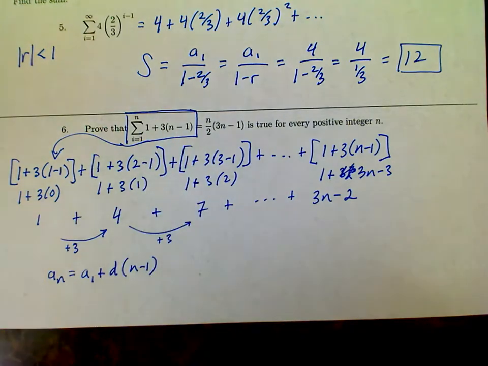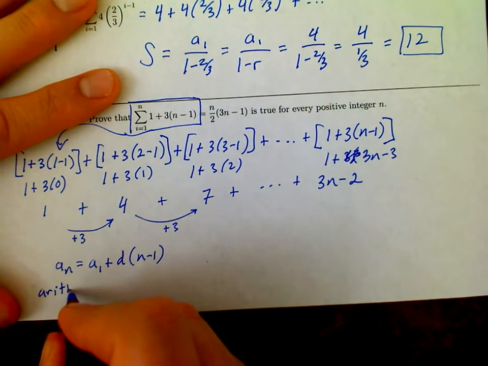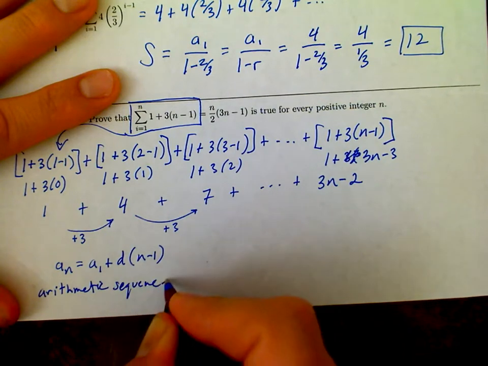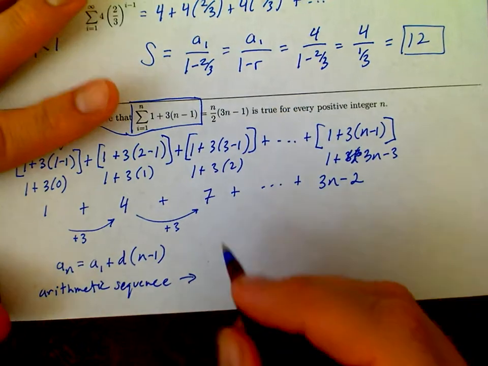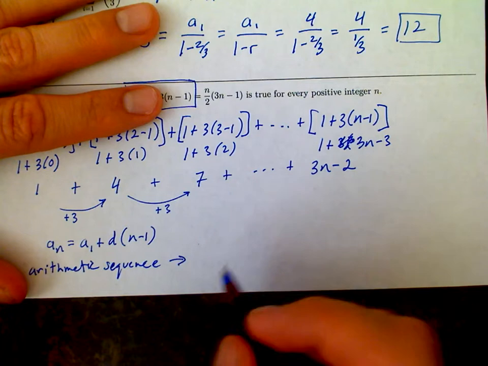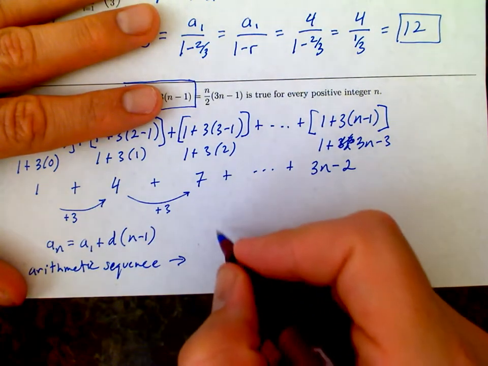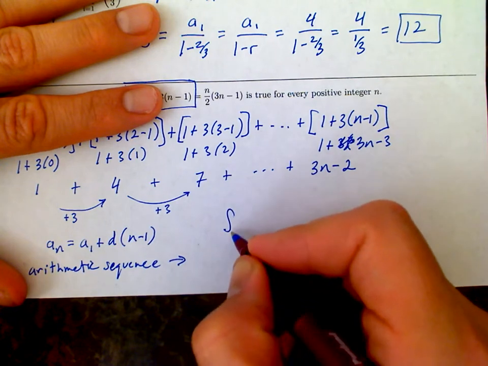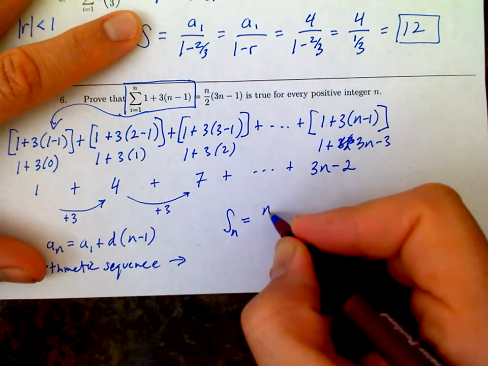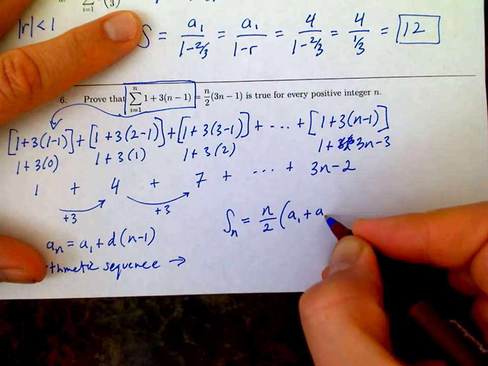So what we can do is, because this is arithmetic, and we're finding the sum of the series, the value of the series, we can use the formula S sub n equals n over 2 times a sub 1 plus a sub n.